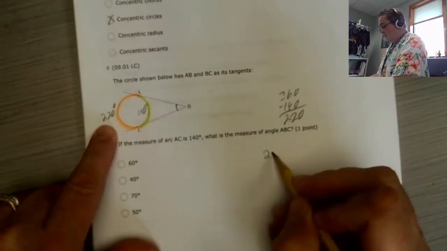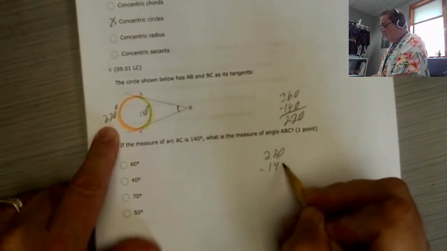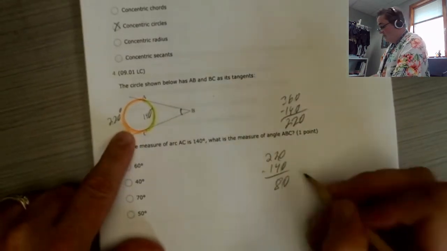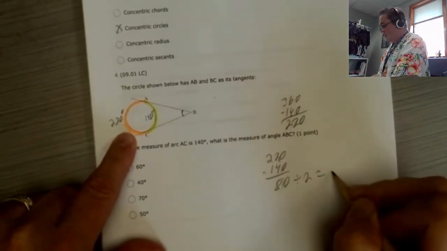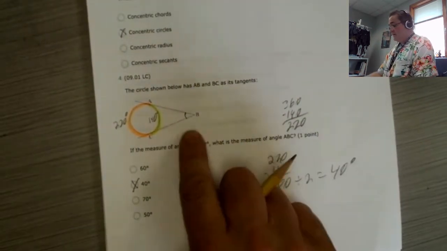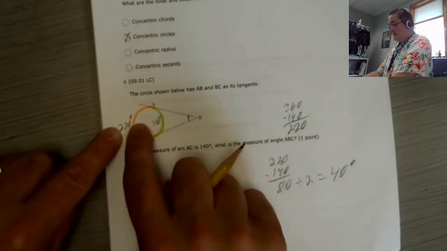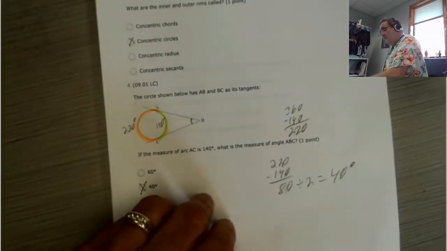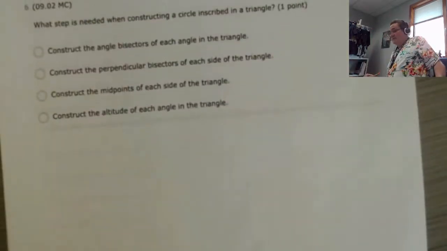So 220 minus the 140 is 80. And then we got to divide it by 2. 80 divided by 2 is 40. That is a 40-degree angle. We subtract the inside arc from the outside arc and then divide by 2. 40 degrees.